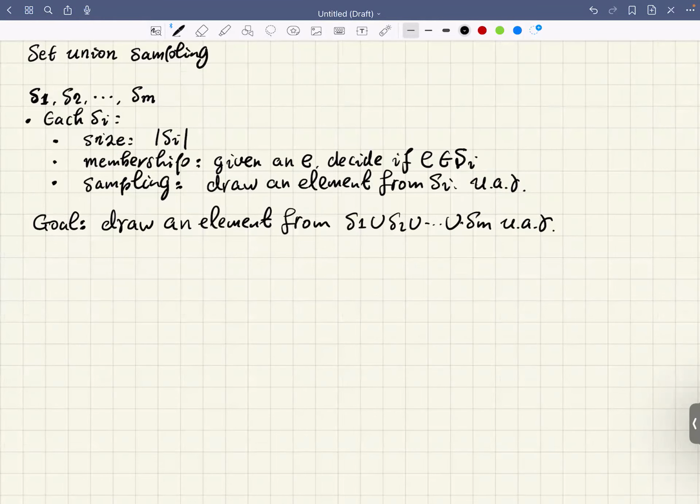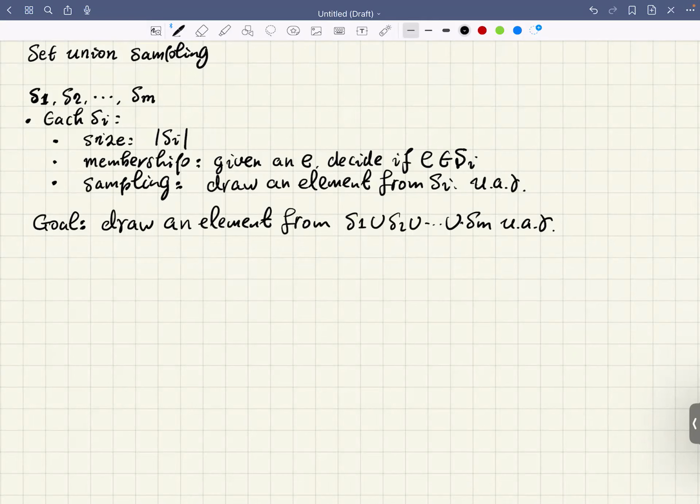Good. So why is this problem non-trivial, first of all? I think it would be easier to appreciate the problem if you start from an easy case where these sets are disjoint. If these sets are disjoint, how would you solve this problem? Not too difficult, especially if you still remember the sampling tricks that I talked about before the break.